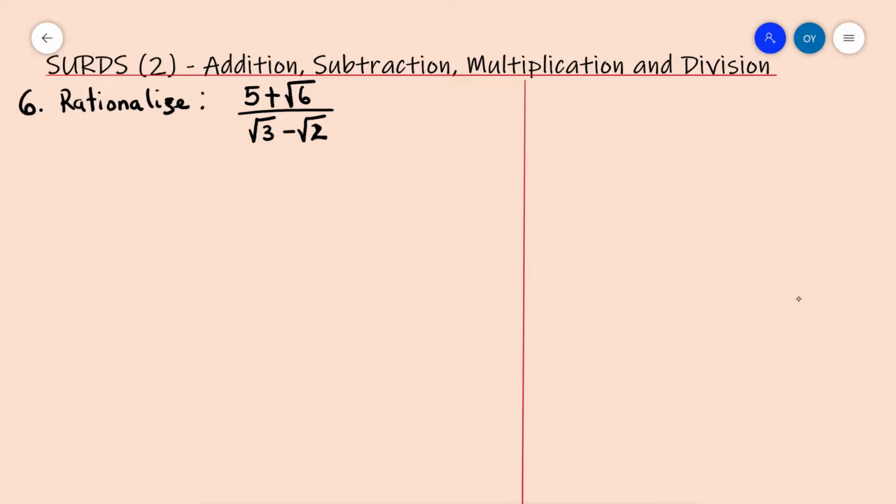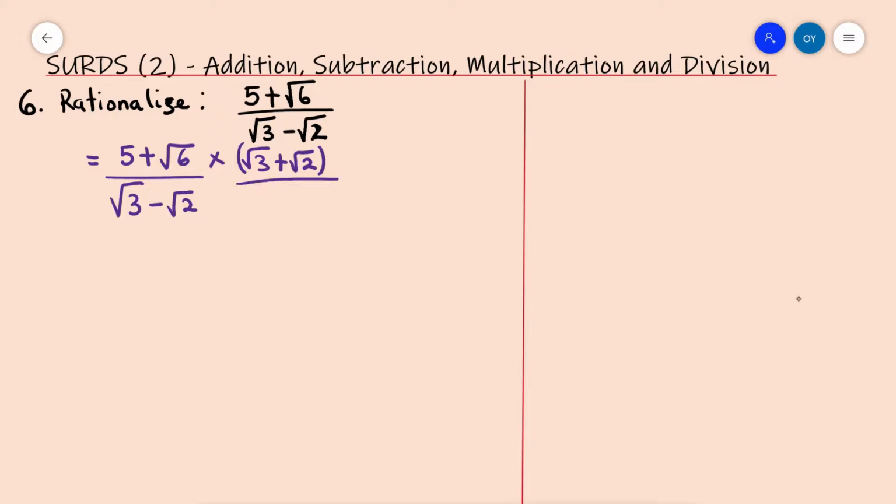The sign here is negative, so you need to change it to positive. Okay, and multiply both the numerator and the denominator by the conjugate, root 3 minus root 2. So we have 5 plus root 6 divided by root 3 minus root 2. Then we multiply this by root 3 plus root 2.